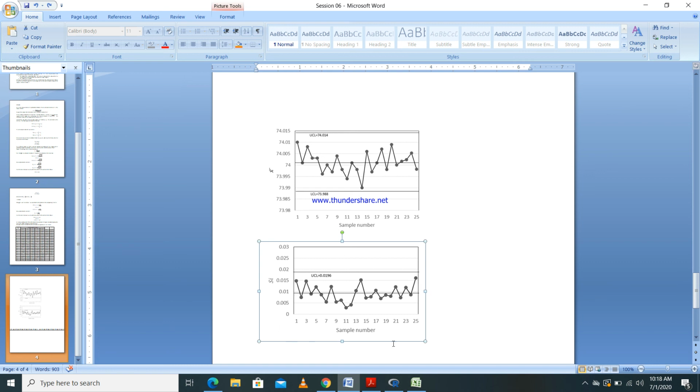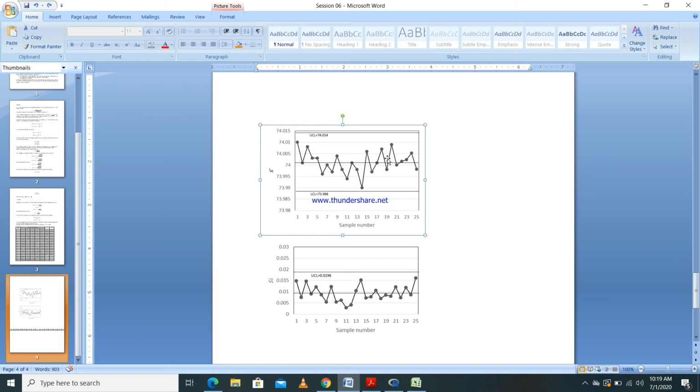And you can see first you have to observe the S chart before you go to the X bar chart. When you observe the S chart, all the data points are within the upper control limit and the lower control limit, and also it has a random pattern, so we can conclude our process is in control. Then we go to the X bar chart.